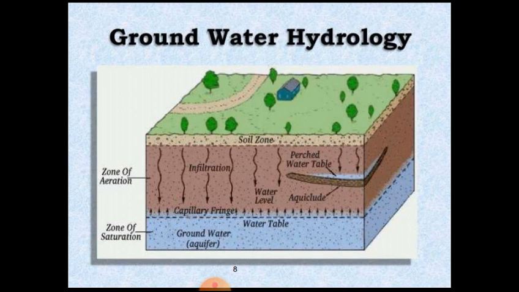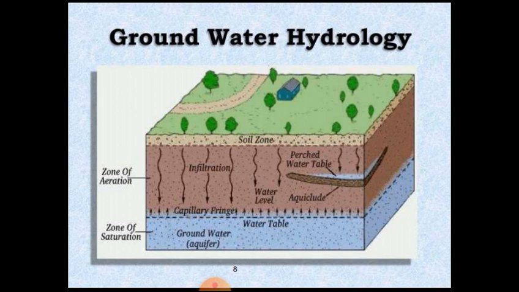As we reach the intermediate zone, it is only the hygroscopic water, which is water held by the force of attraction between the spaces, as well as the air, soil, or rock particles.